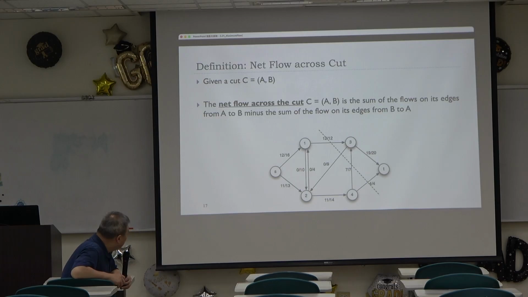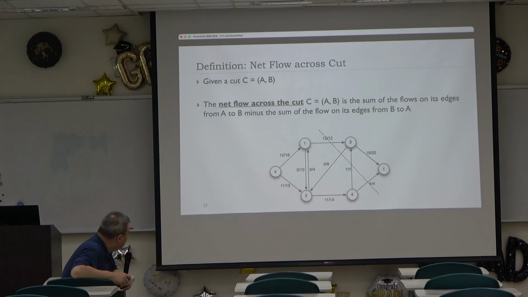Okay, so can someone tell me, does any additional augmentation path exist here? You could try to do either Edmonds-Karp or Ford-Fulkerson.